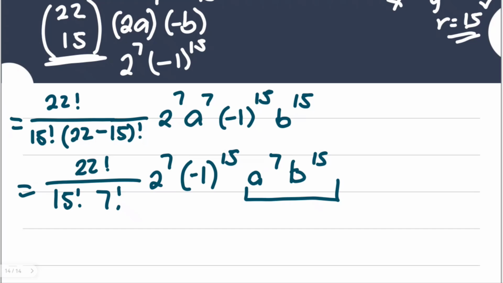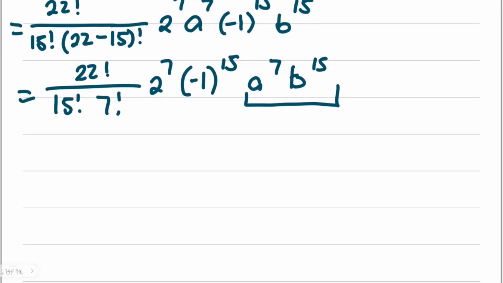So what is 22 factorial over the product of 15 factorial and 7 factorial, also known as 22 taken 15 or 22 combination 15? Please use your calculators and verify if my answer is the same as yours, so that I will also be guided on whether my answer is correct.